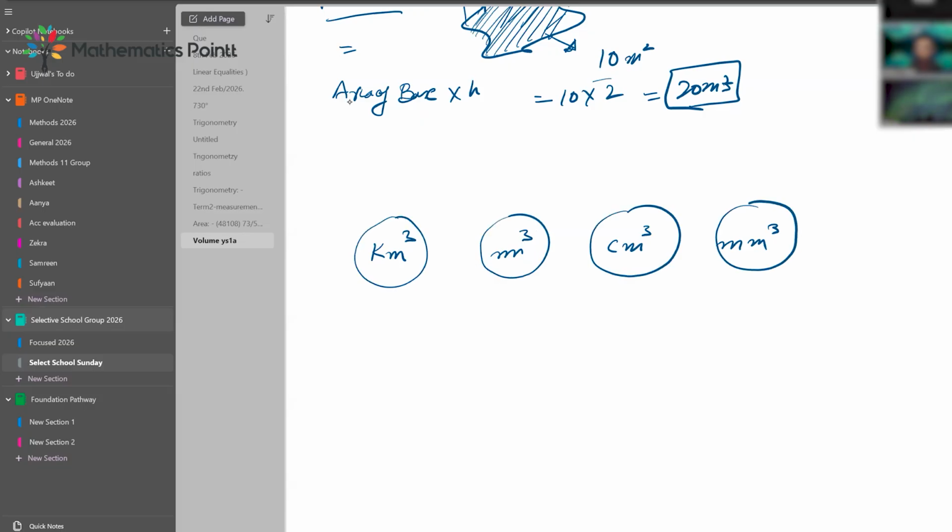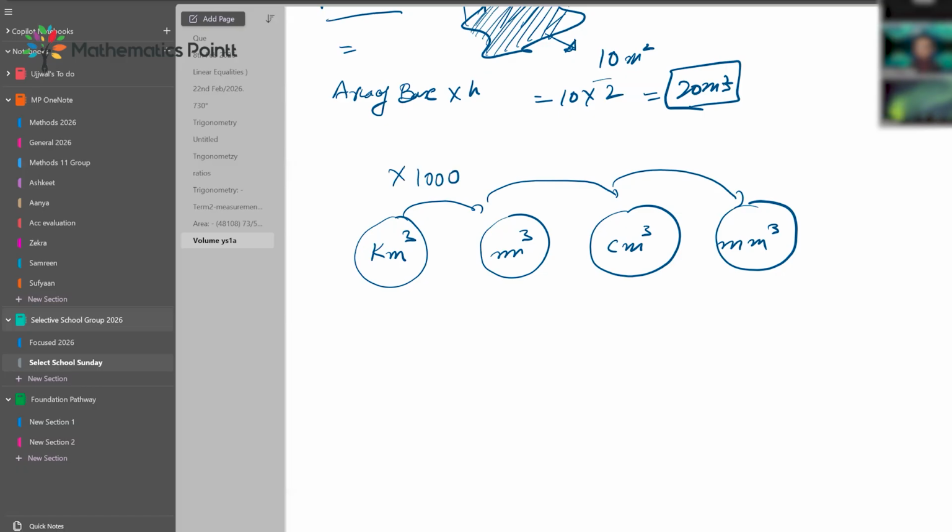If I have to convert kilometers to meters, I have to go from the higher units to the lower units, I multiply. 1 kilometer has 1,000 meters in it.